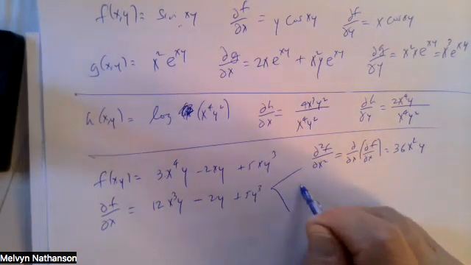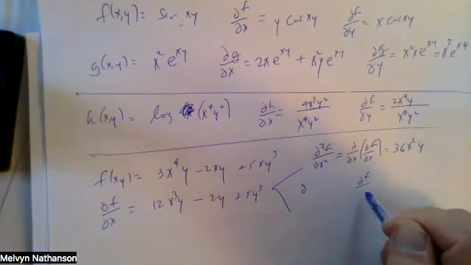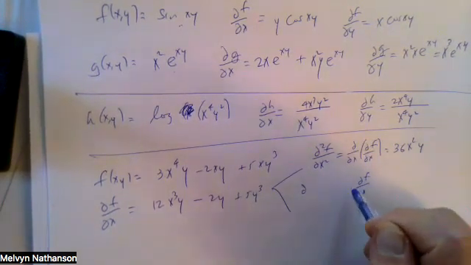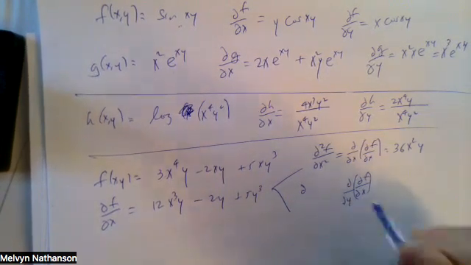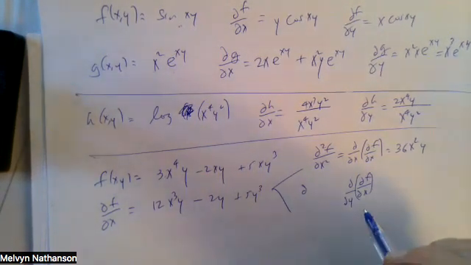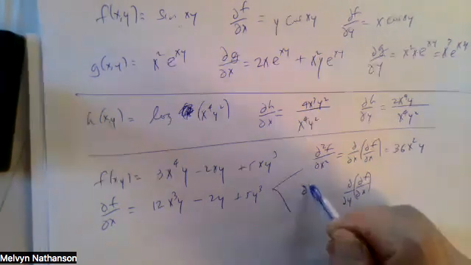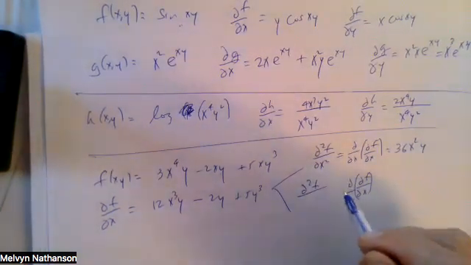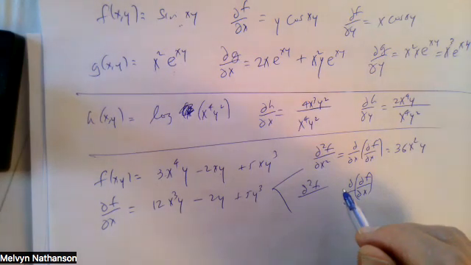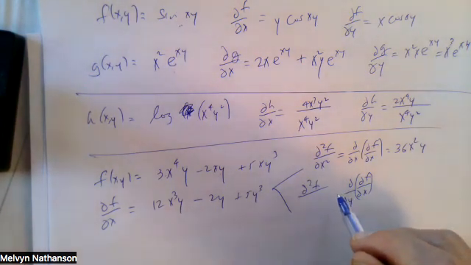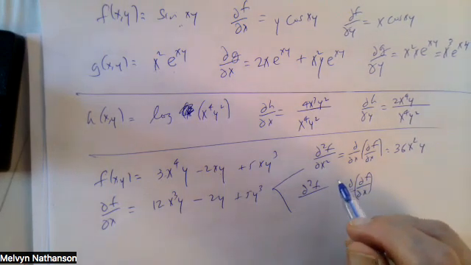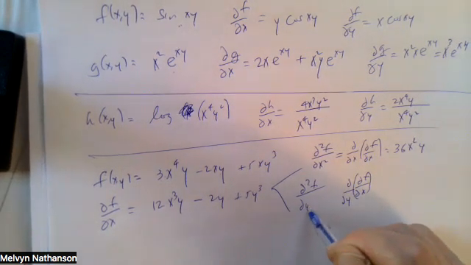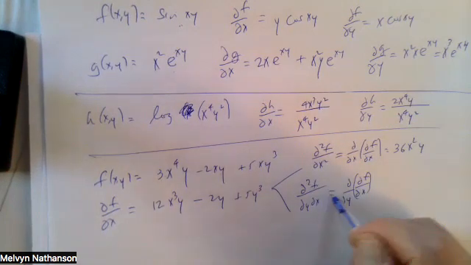If I take the partial of f with respect to x, and then the partial of that with respect to y, which I can write as the second partial of f with respect to y with respect to x.